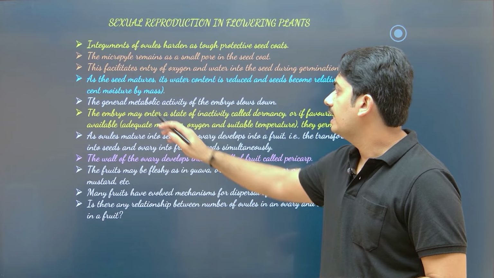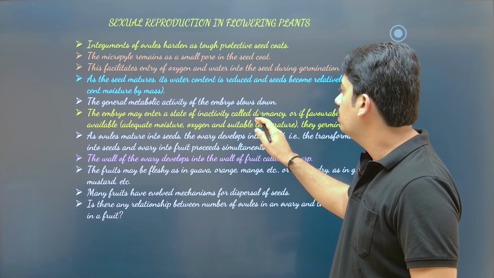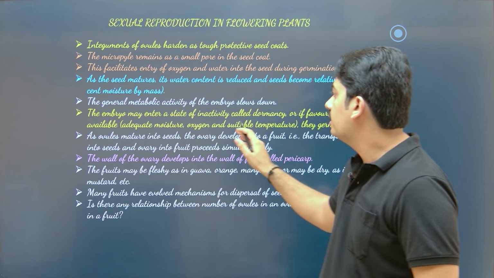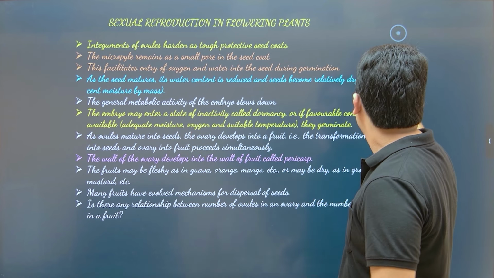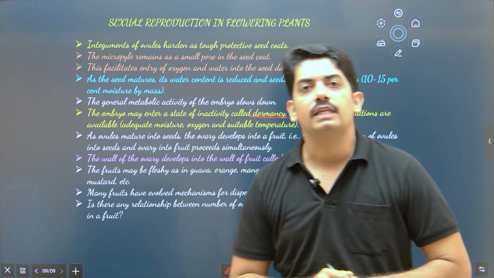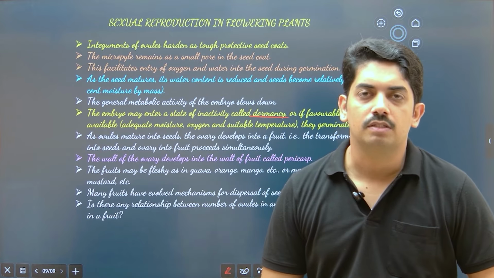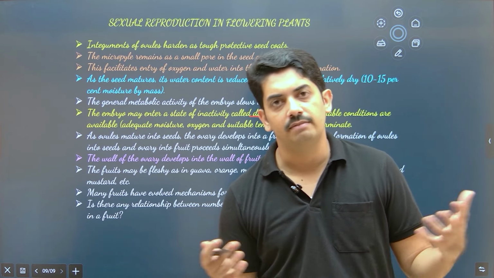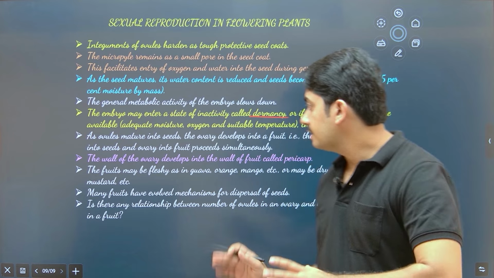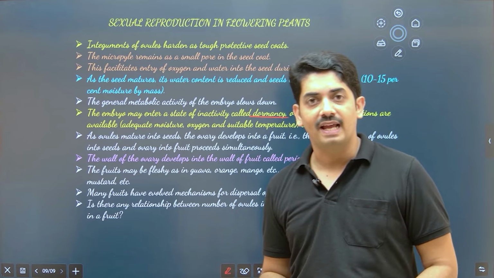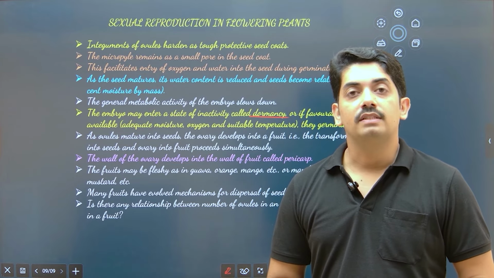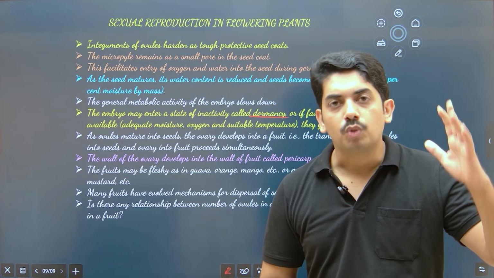So the general metabolic activity of the embryo slows down, and the embryo may enter a state of inactivity called dormancy. This dormancy will vary. You cannot say seeds may be dormant for 3 months, or 4 months, or 1 year. It varies from plant to plant. There are certain examples, you will be surprised. Some seeds are extracted from places where these seeds have been viable for thousands of years.